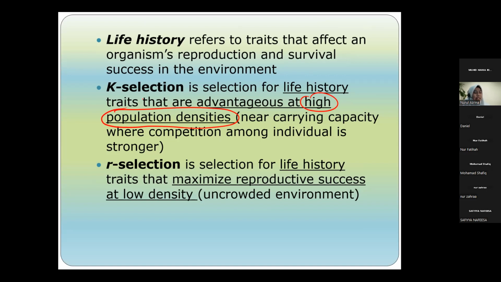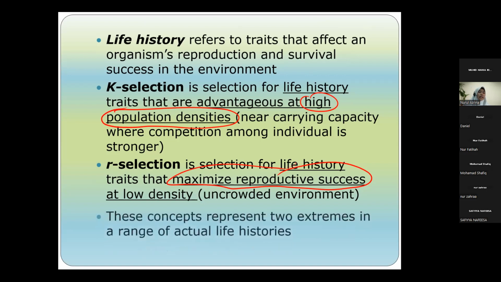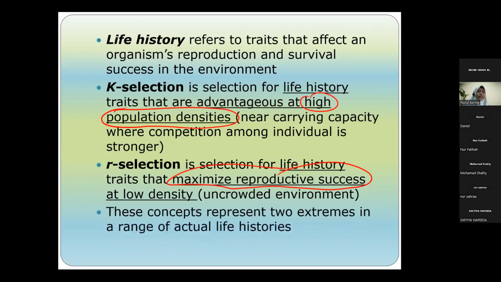Whereas R selection is selection for life history that maximizes reproductive success at low density or in an uncrowded environment. This concept represents two extremes in a range of actual life histories.